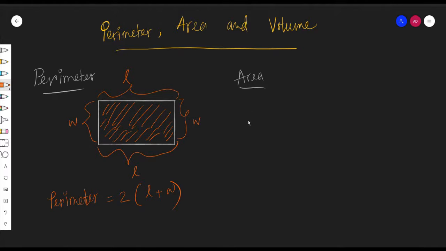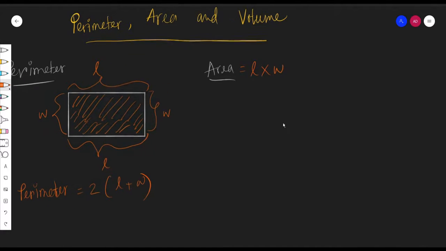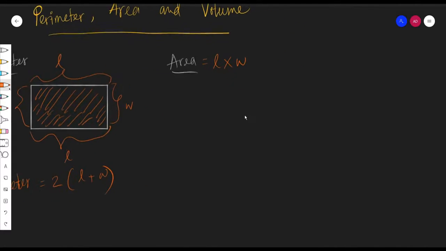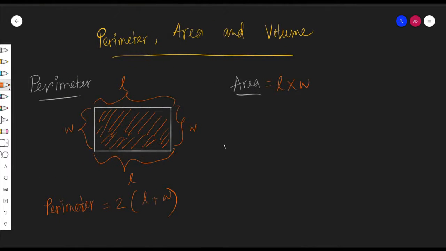So we can say area is length into width. This is how we are going to solve the perimeter and area based maths. This one was the area of a rectangle. Okay, this one is done.